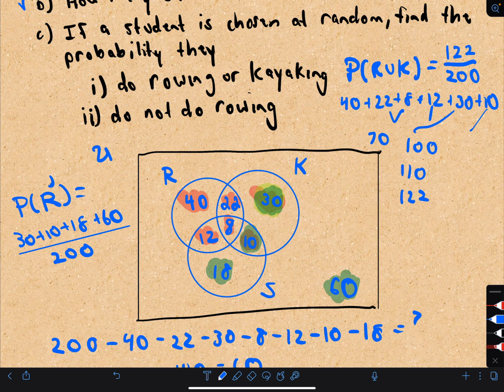So that's 30 plus 10, which is 40, plus 60 is 100, plus 18, that's 118 divided by 200. Again, I'll let you simplify that down. Top and bottom are both even, so you can certainly divide numerator and denominator by 2 to reduce that a little bit.